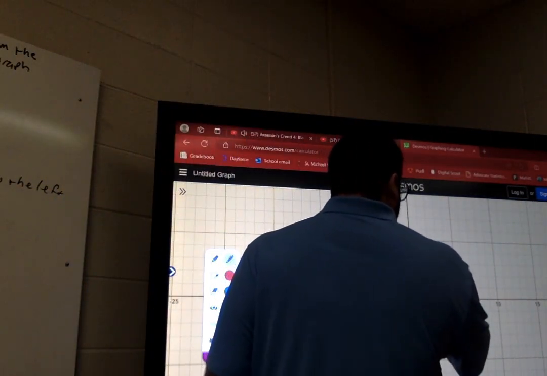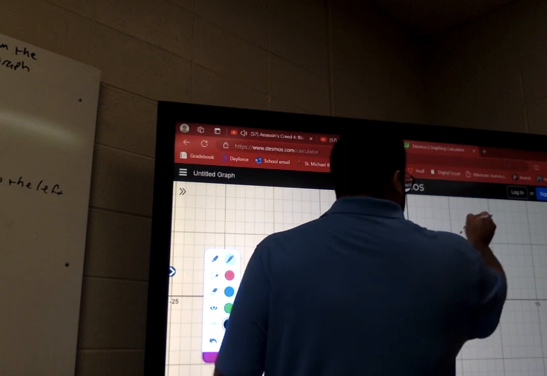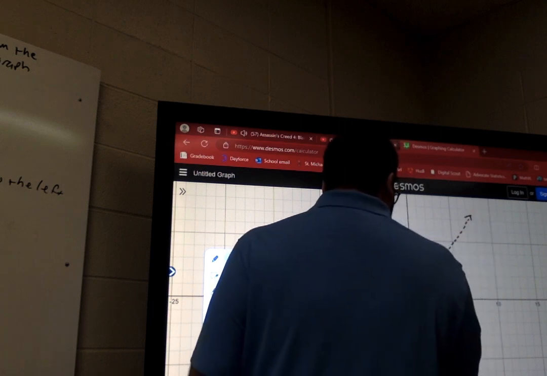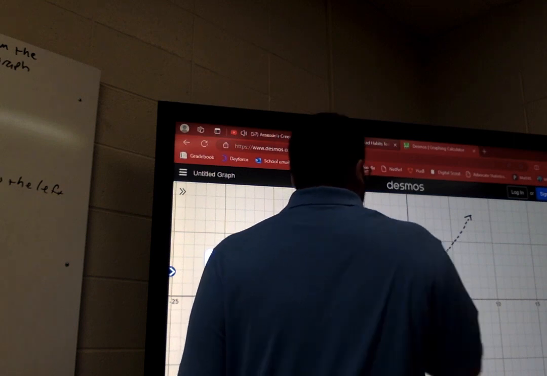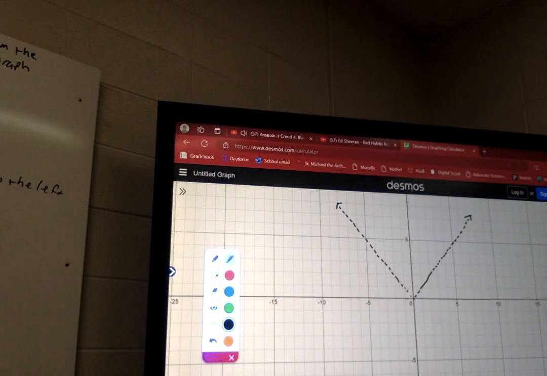Now, when you're graphing your parent function, I'm not concerned with how precise you are with your graph. Okay, you see how mine's not exactly that precise? All right, your graphs don't have to be perfect. I'm not asking you to find specific points. I'm just asking you to draw the basic graph of your function.